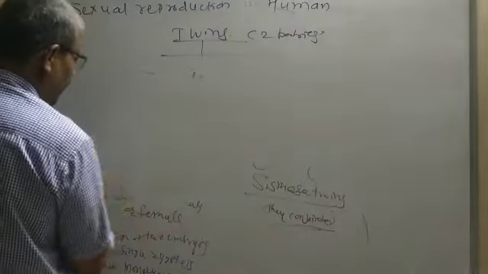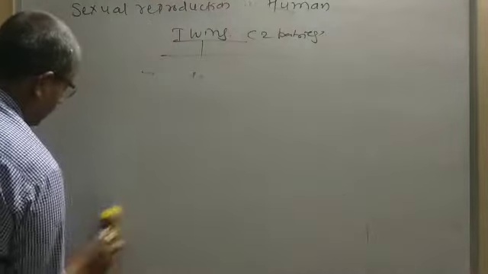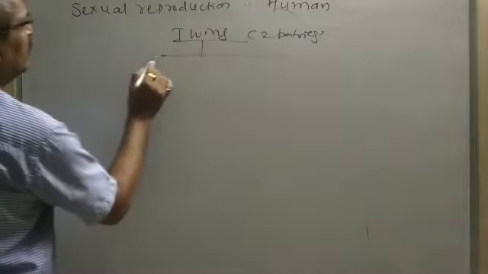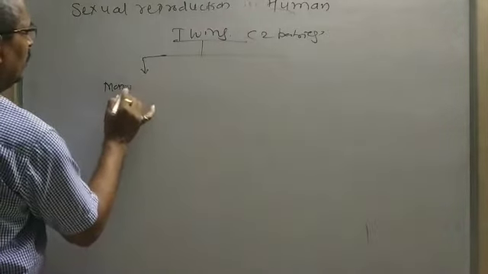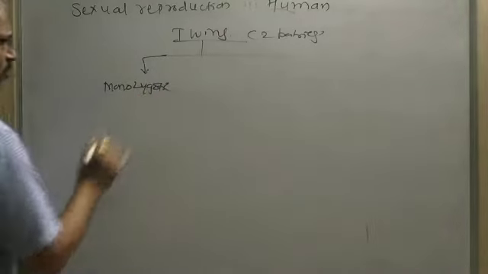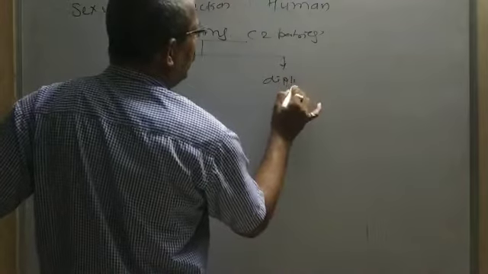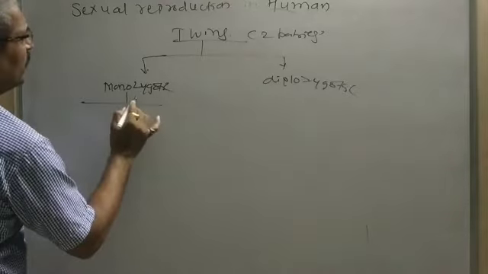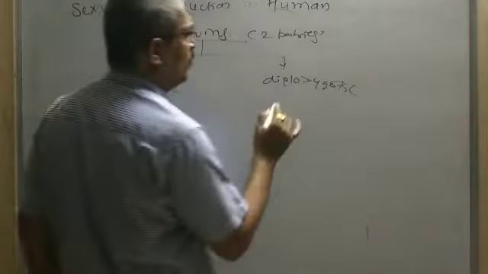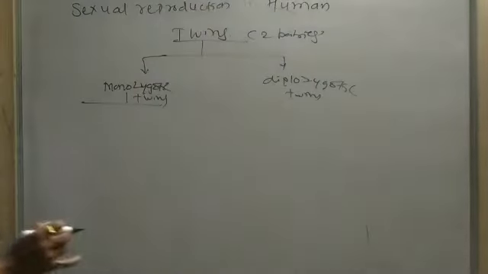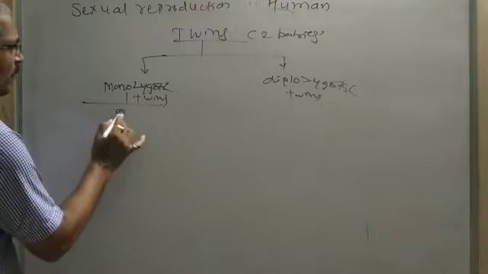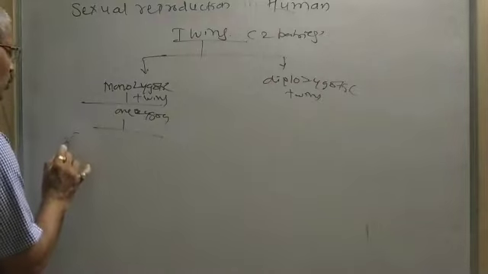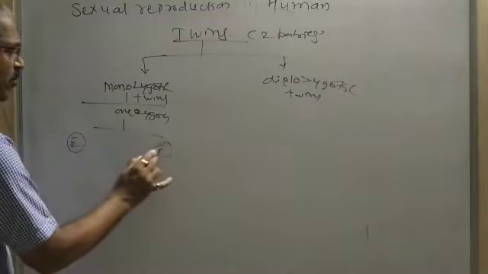Now there is another type, the second one, that we will study. Twins are of two types: one is monozygotic and the other is diplozygotic. Monozygotic twins develop from one zygote, means two embryos are formed, embryo number 1 and embryo number 2.